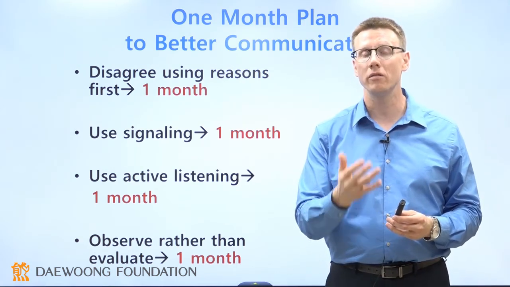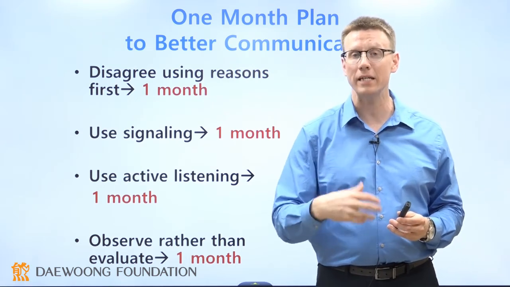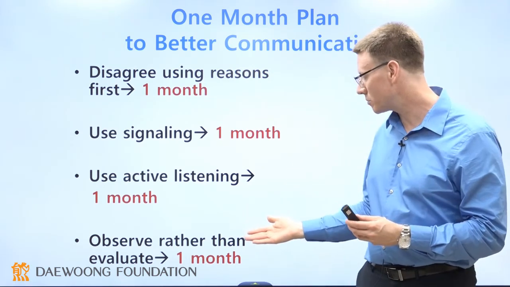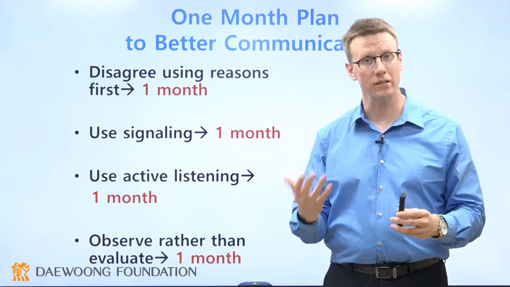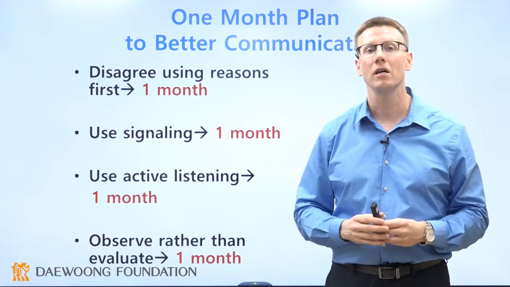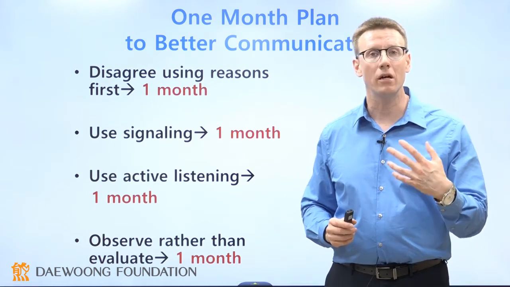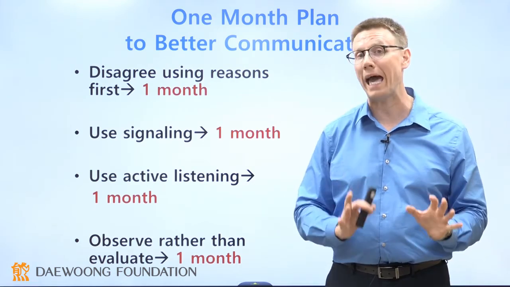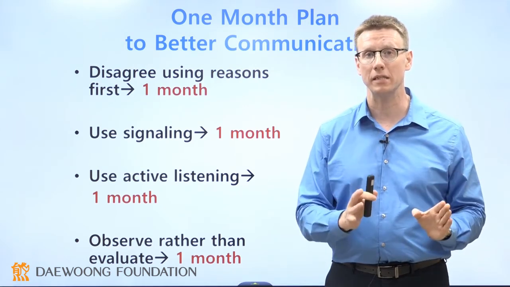For 1 month, focus on just active listening until it becomes easy and natural for you. And then go to the next month. Maybe this month you're trying to observe and not evaluate. Practice that for 1 month. Of course, it's going to take time, but over the course of several months, what's going to happen is your communication skills will improve. And it will become quite easy and natural because it will become a habit because you've taken 1 month and you've practiced one skill.